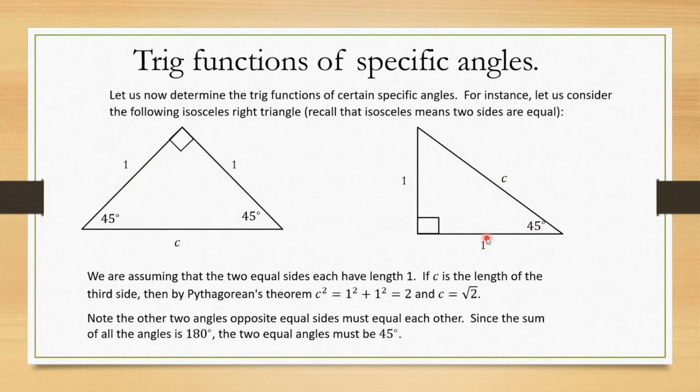So c squared is 1 squared plus 1 squared, which of course is 1 plus 1, which is 2. So c squared is 2. Therefore, c is the square root of 2. So that's what we get here.